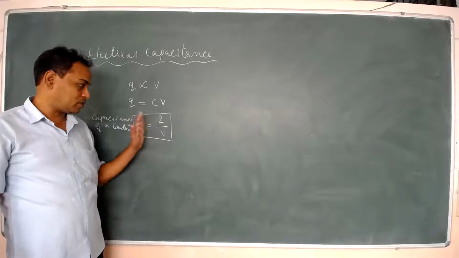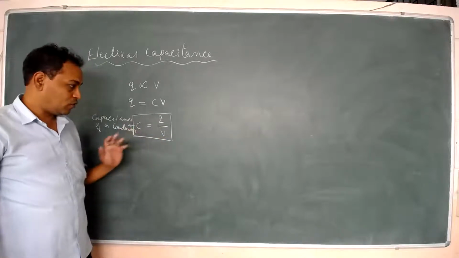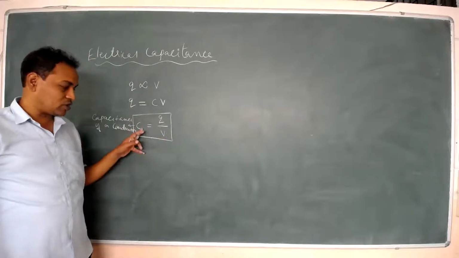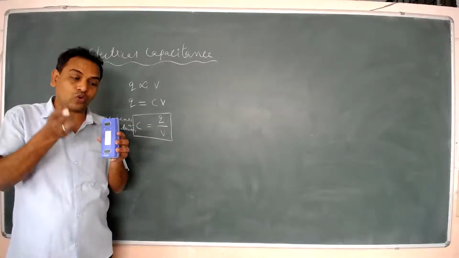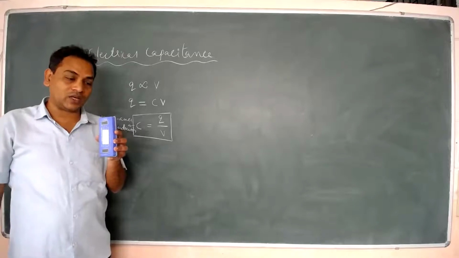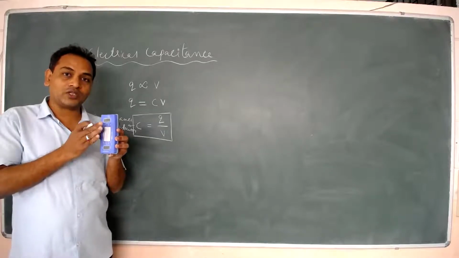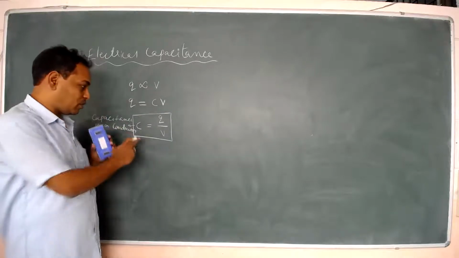So this is called capacitance. In one way we can say capacitance is how much capacity it has to hold charge, how much charge it can hold on it. That is called the capacitance.